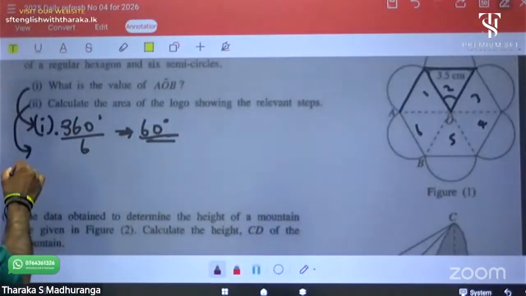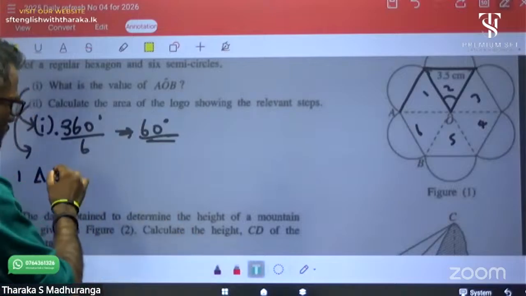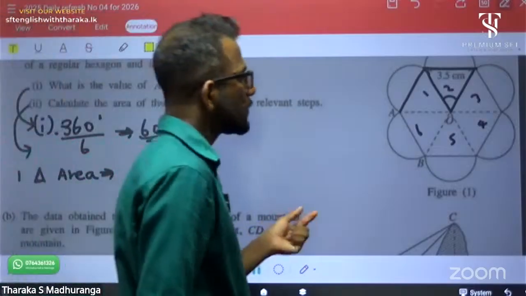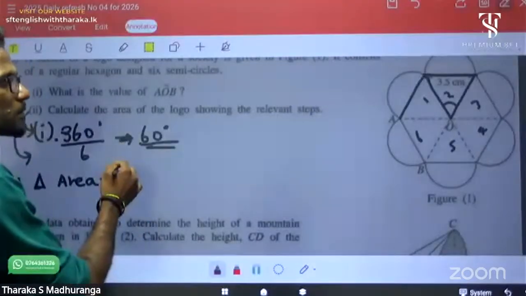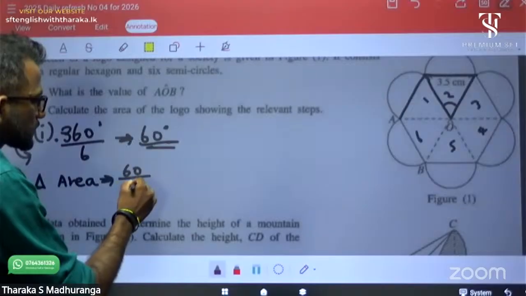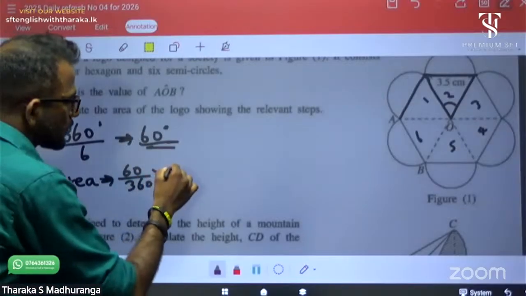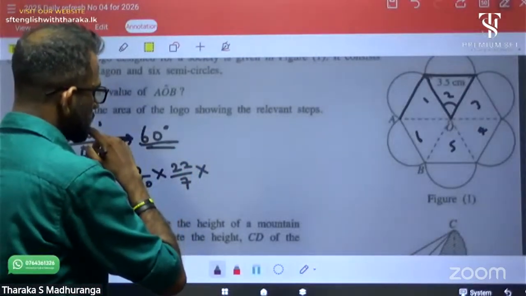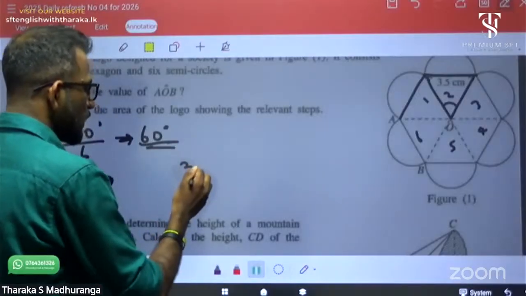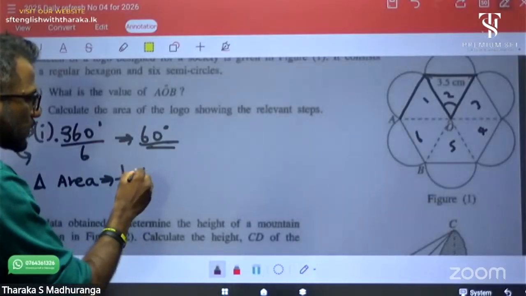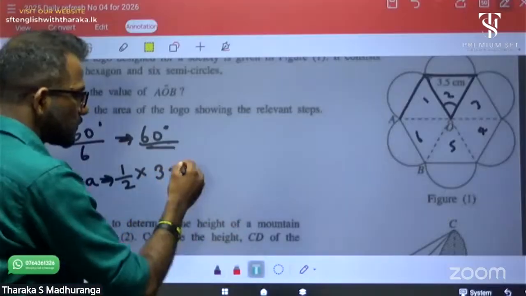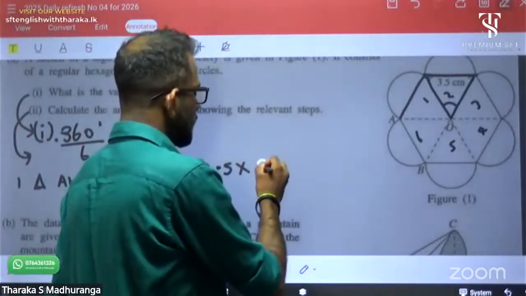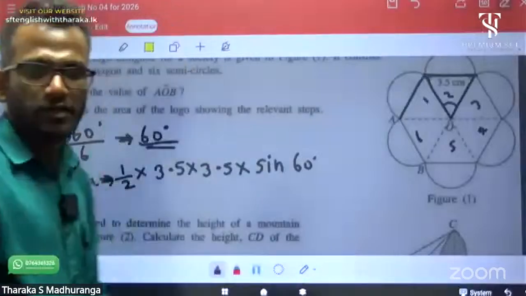Triangle area is half times AB times AC times sin C. AB means 3.5 times 3.5, sin C means sin 60. It's the easy method.